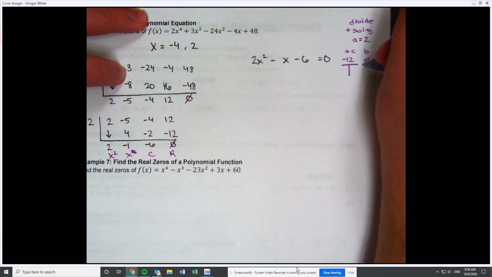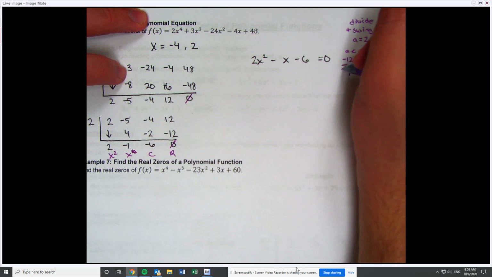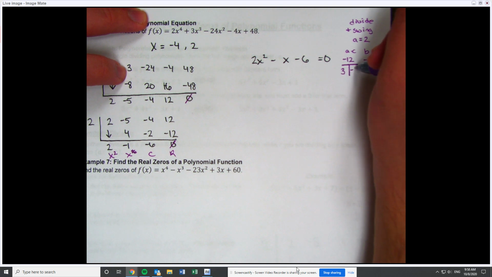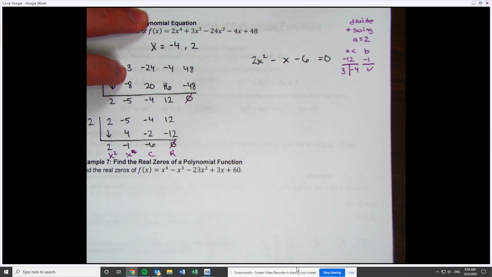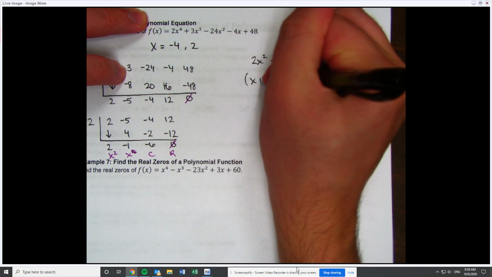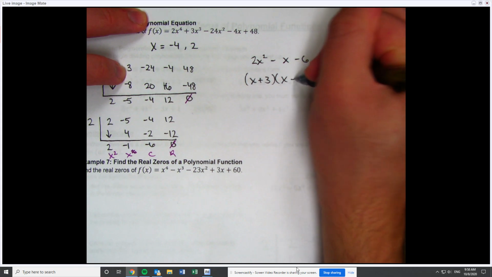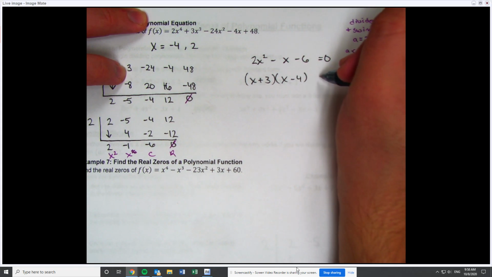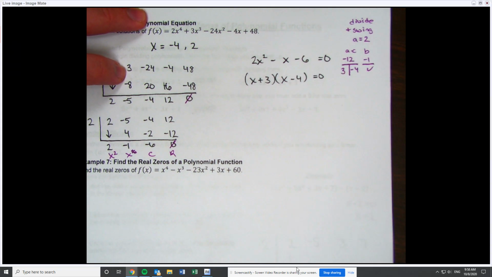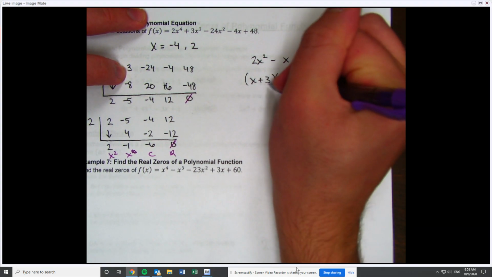So the two numbers that I could use here, I see that I could use 3 and -4. All right, so writing out my factors, I have x plus 3, and then x minus 4 equals 0. And now we divide by our leading coefficient 2.